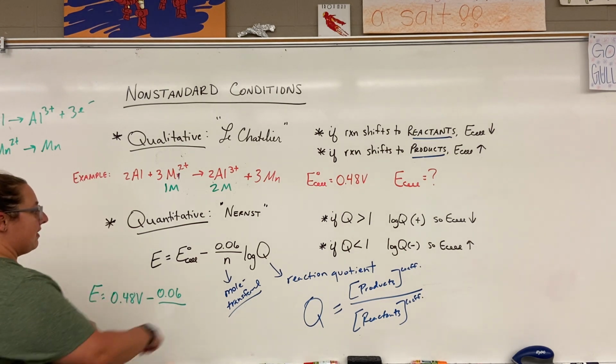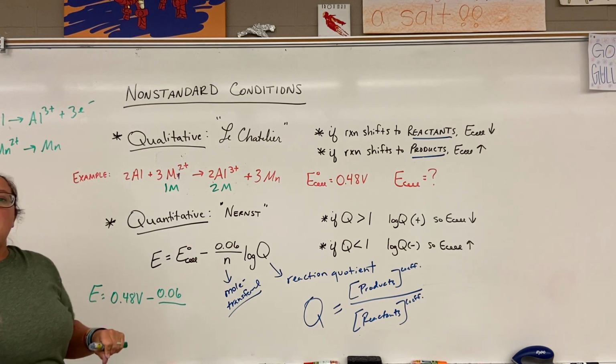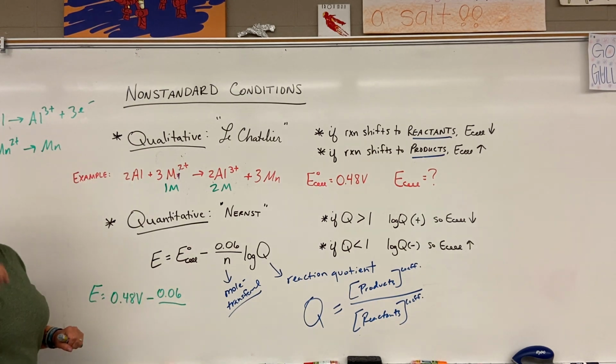Remember, the way that we find N is we look at both half reactions. This one has 3 electrons, this one has 2 electrons, and we look for the least common multiple. That tells us how many moles of electrons are transferred totally in the reaction, from oxidized to reduced.